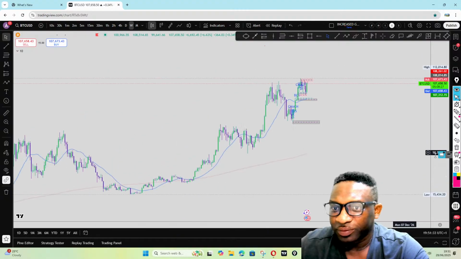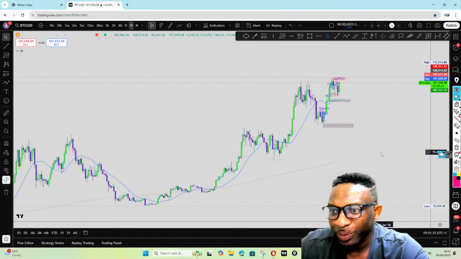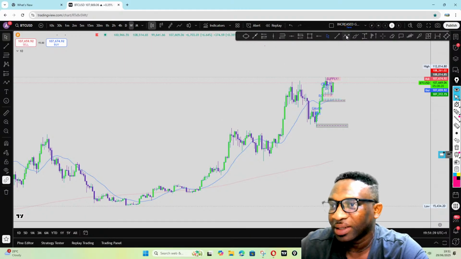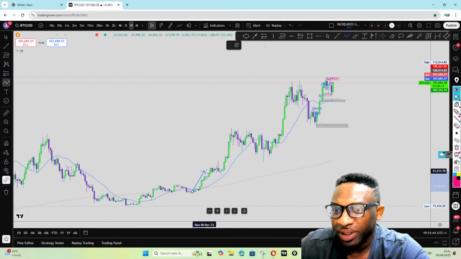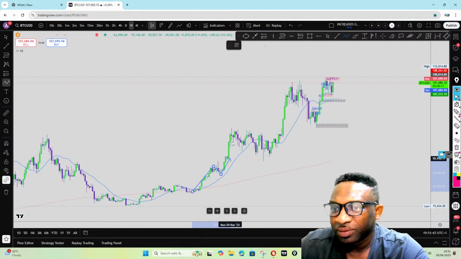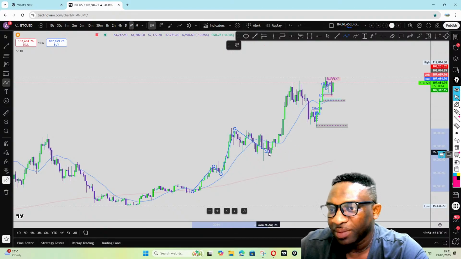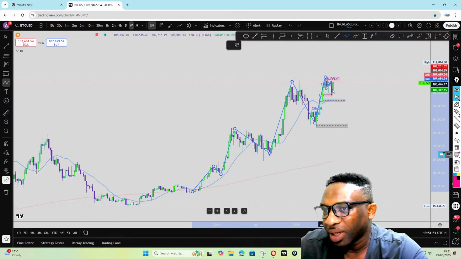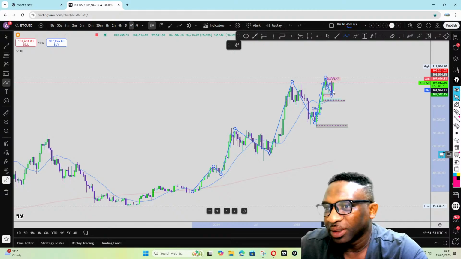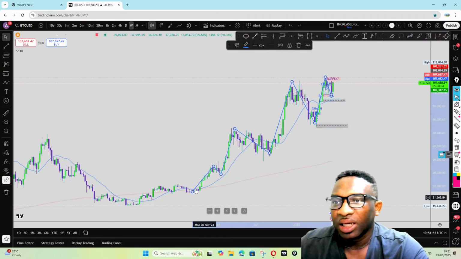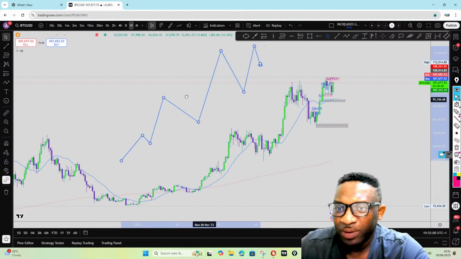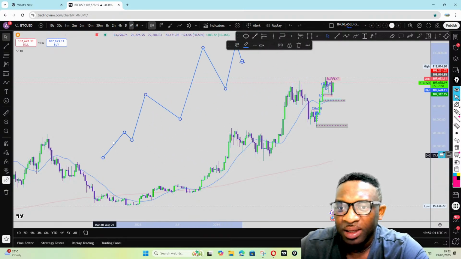This is a weekly time frame, so we might not have enough data, but we can see clearly that BTC has been on the uptrend up until here, then pulled back down to this area, and then we have this bullish engulfing candle. If I take this out, we can see that we'll be making a higher high.